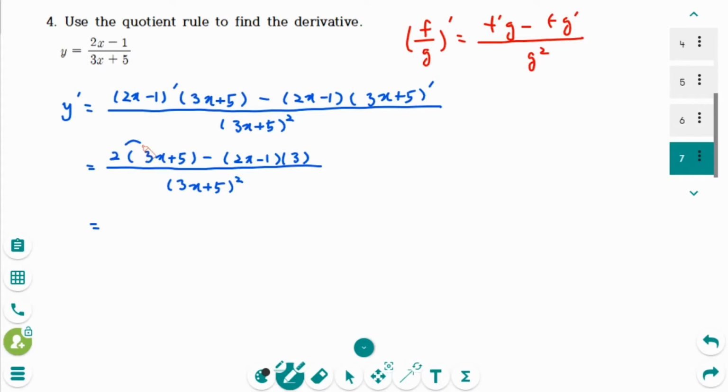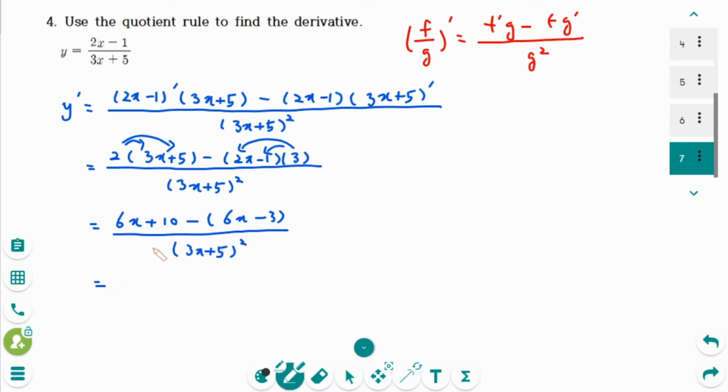Then expand: 6x + 10 − (6x − 3) over (3x + 5)². Then 6x − 6x is cancelled. 10 minus −3 is 13, over (3x + 5)².